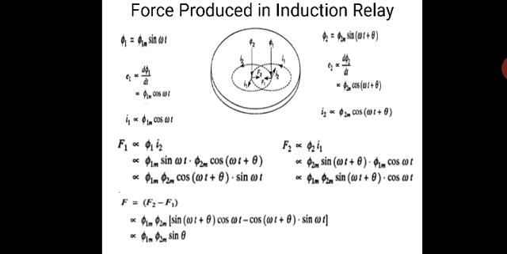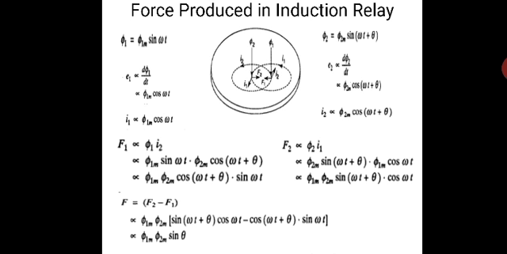Now F1 is proportional to phi1 into I2. Put the value of phi1 and I2. So F1 is proportional to phi1m sine omega t into phi2m cos omega t plus theta, so F1 is proportional to phi1m into phi2m into cos omega t plus theta into sine omega t.